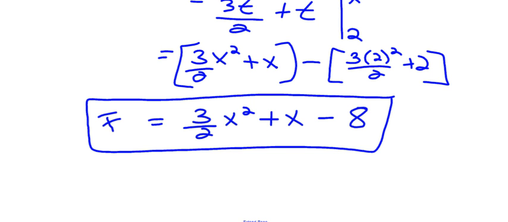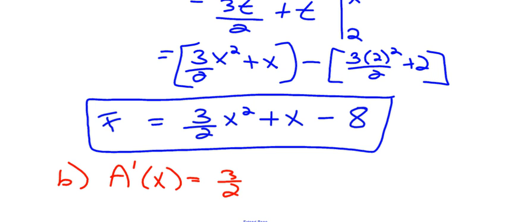I'm going to check that. I'm going to take the derivative of what was boxed, and I have 3/2 x squared. Remember how we find the derivative: we take the exponent down in front as a multiplication and subtract 1.